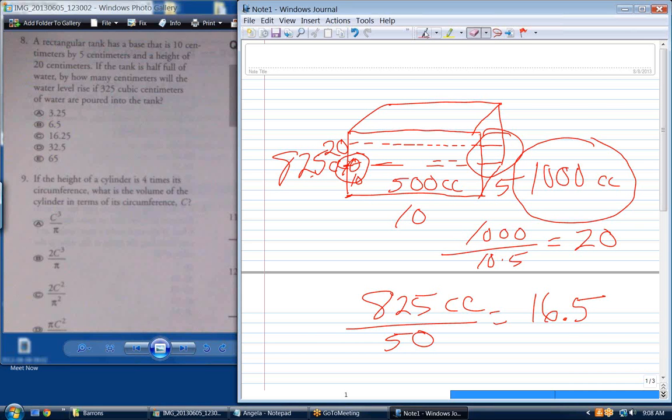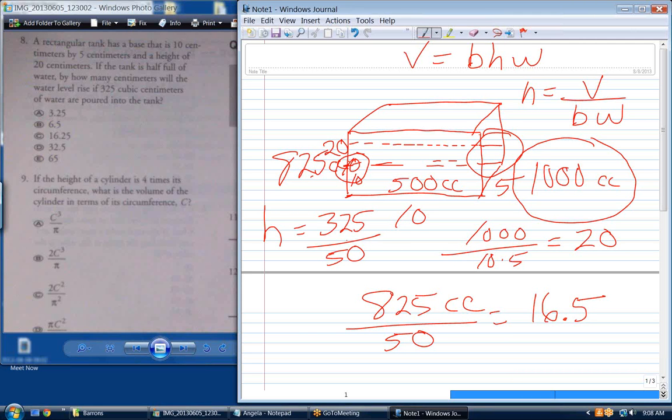In other words, we started out with volume equaling base times height times width. Well, that makes the height equal to the volume divided by the base times the width. And the base times the width don't change. So if we want our height change, then we just take 325, the amount that we're adding, and divide it by 50. And that gives us the direct answer immediately, 6.5.